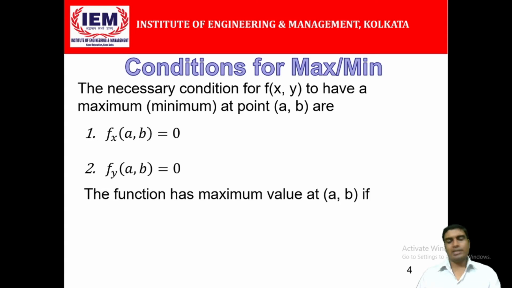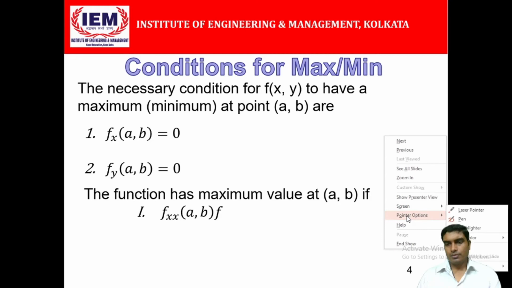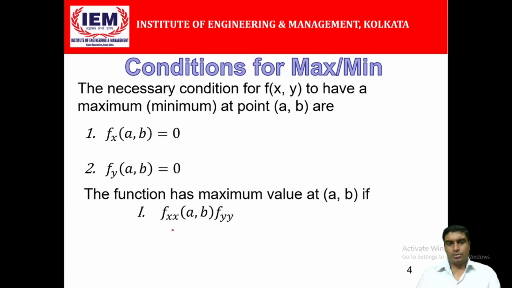Now, what about the next condition? That involves partial derivatives of order 2. Here it should satisfy this equation. See the equation. We have the second partial derivative of this function with respect to x, multiplied with the second partial derivative of f with respect to y, minus the mixed derivative f xy, squared, and that should be positive.